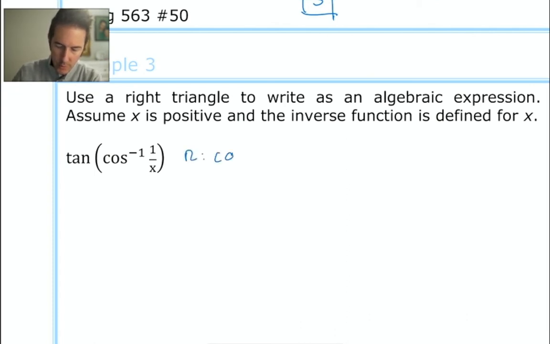The range of inverse cosine, I'll even say of 1 over x, is between 0 and pi.